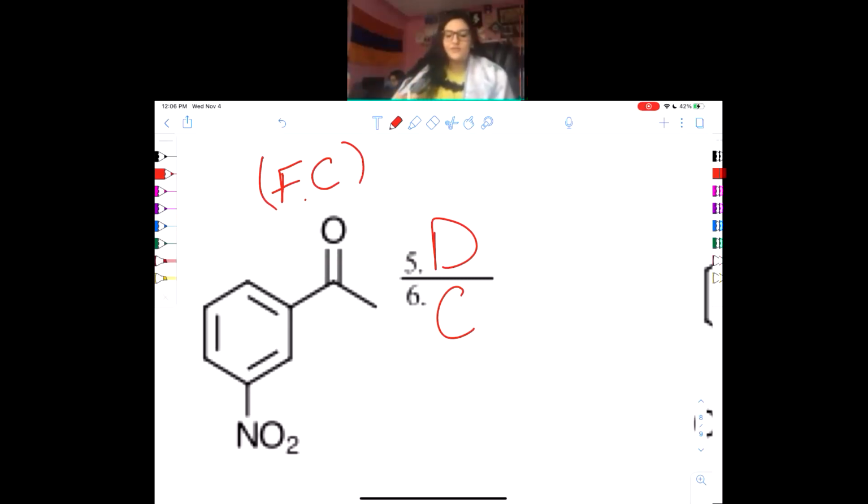Since this is Friedel-Crafts, we know it could not have worked if this one had been on the ring first, because NO2 is a strong deactivator. So both of these are strong deactivators and they are meta-directing.